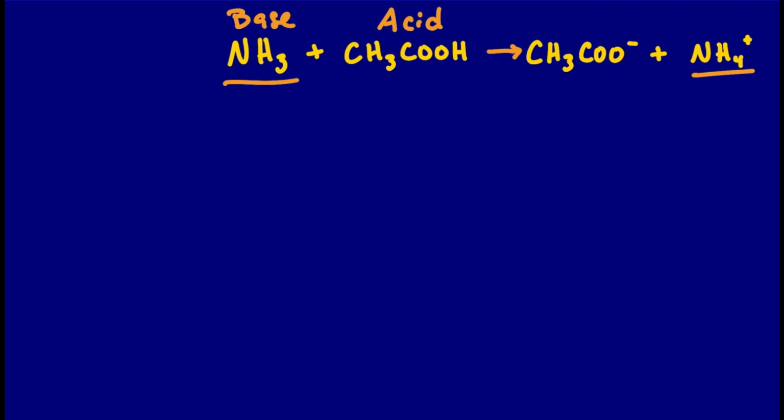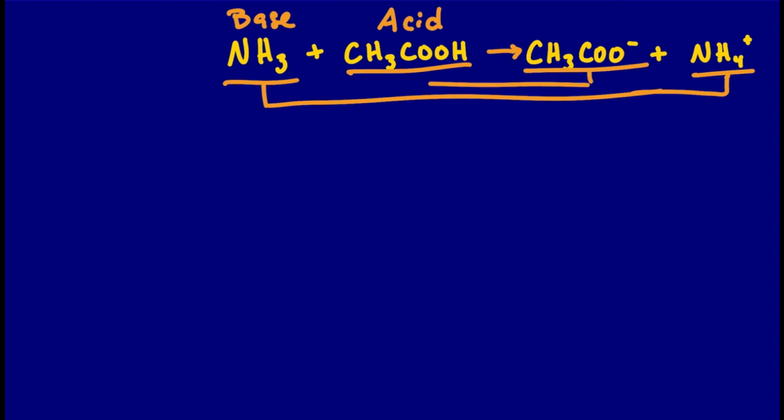That is a pair right there. And then what about our acid? What did the acid become? Once it lost its hydrogen, it turned into our anion here. That is our second pair. These can be considered our conjugate pairs.